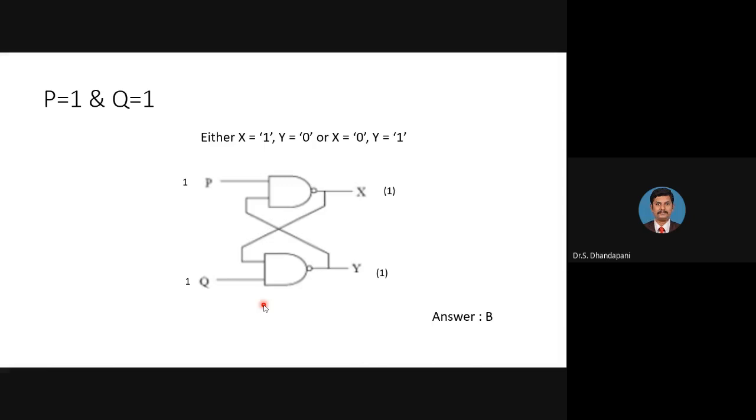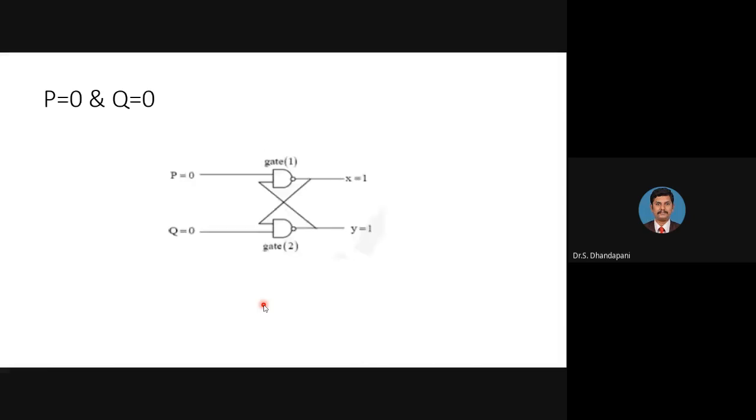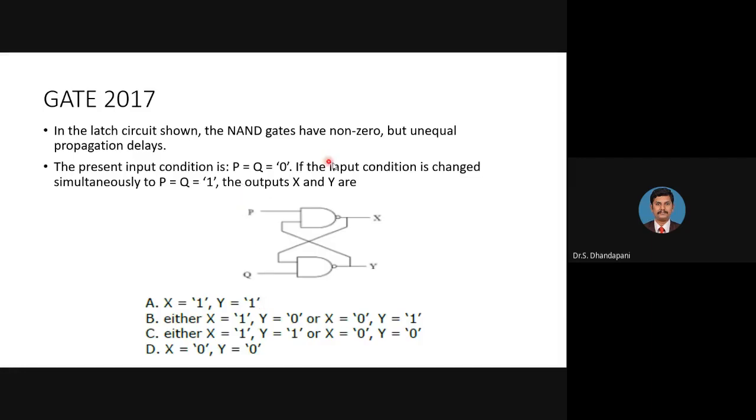We don't know which gate has high delay and which has low delay. I am showing the question once again. Both NAND gates have non-zero unequal propagation delays. For example, one NAND gate may have 1 nanosecond delay, another may have 2 nanosecond delay, but we don't know the delay of the NAND gates, only that it is unequal.